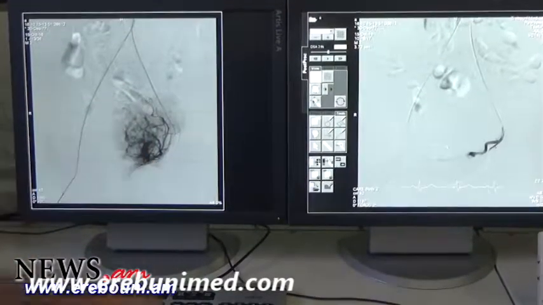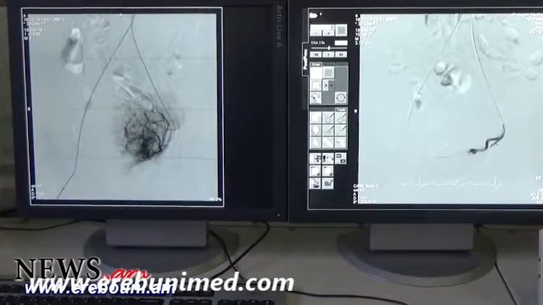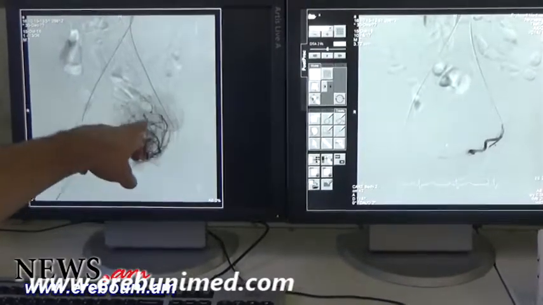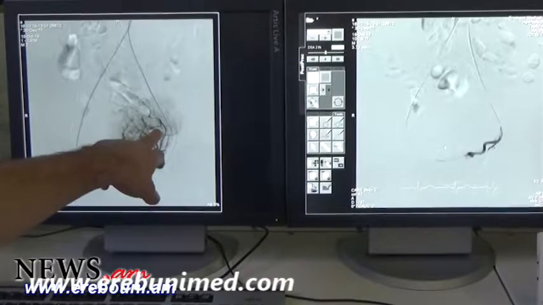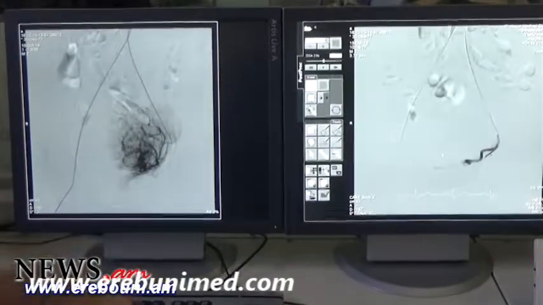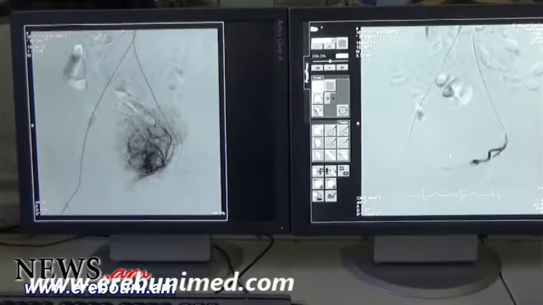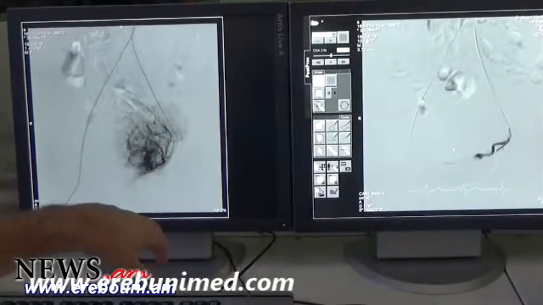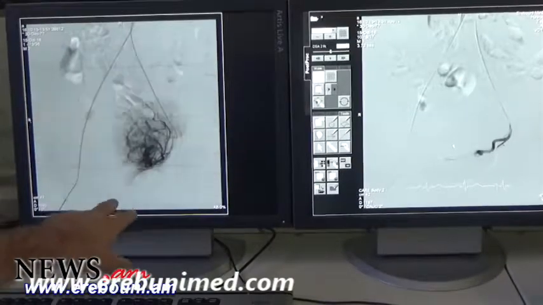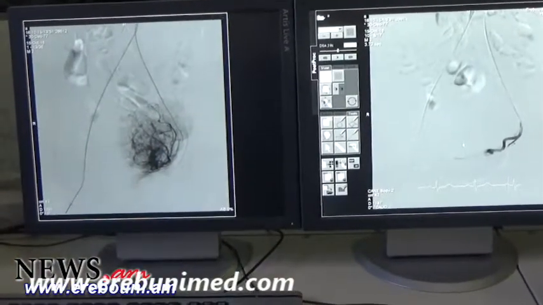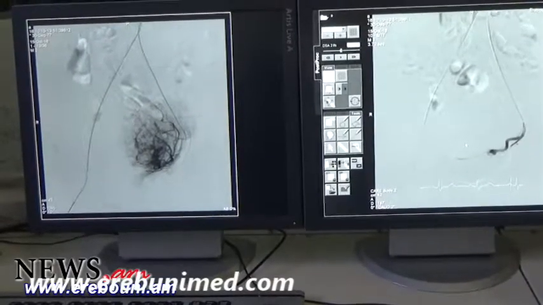On this monitor, we see the left uterine artery after embolization, but on these, branches of the left uterine artery before embolization. On this left array, you can notice a subserous myomatous node, which due to intensive blood supply was contrasted.